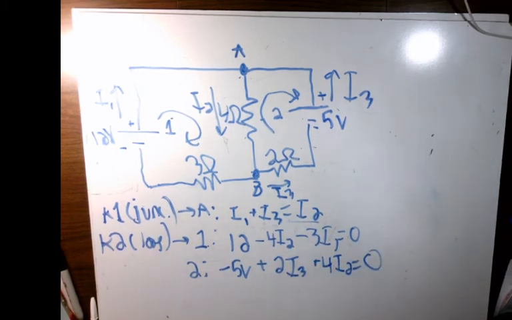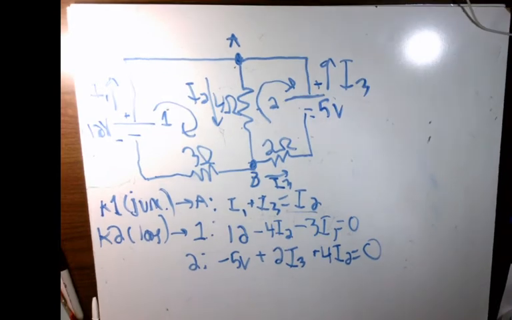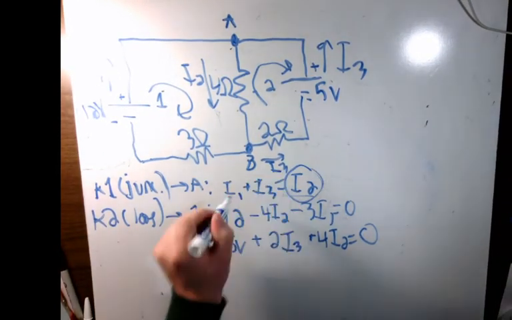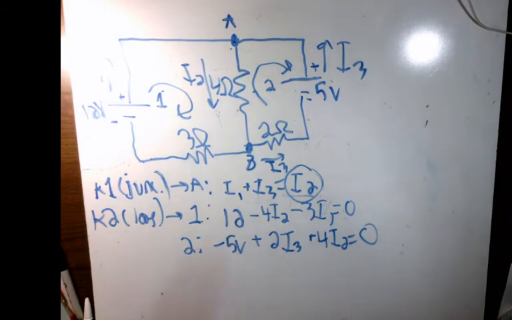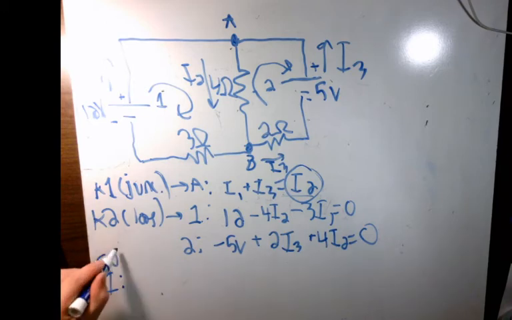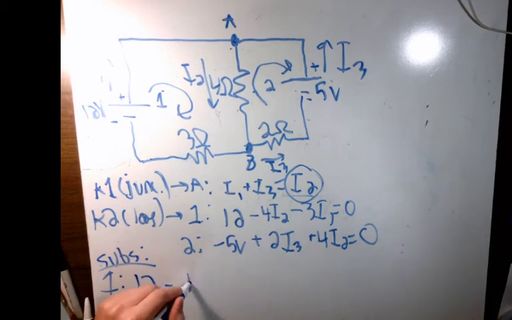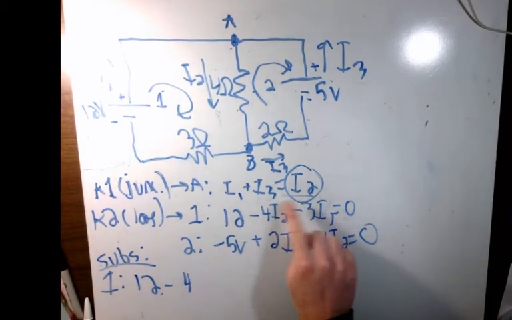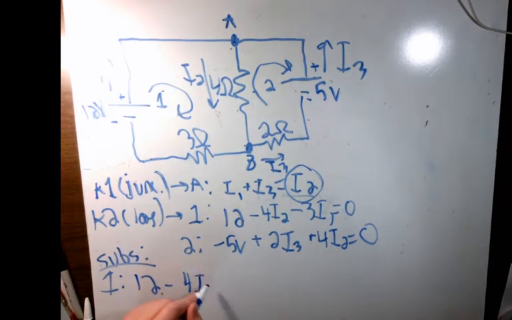Okay, so again, we want to work with some substitution here. We'll substitute in I2 for both of those and see how our math works out. So I2 is equal to I1 plus I3. We're going to throw that into this first equation. With substitution, we get 12 minus 4, and then substituting I2 for I1 plus I3, it's going to be minus 4 I1 minus 4 I3.